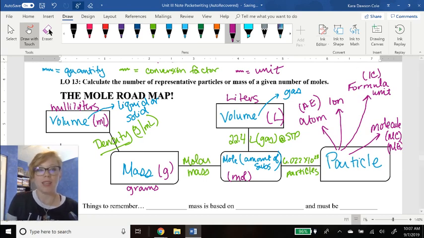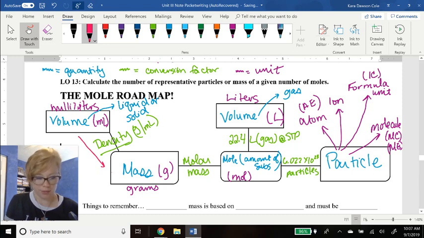Now, let's say I'm going from volume to mass. I've got a volume, I've got my mass. I'm going to multiply by the density. If I'm going from mass to volume, I'm going to divide by the density.